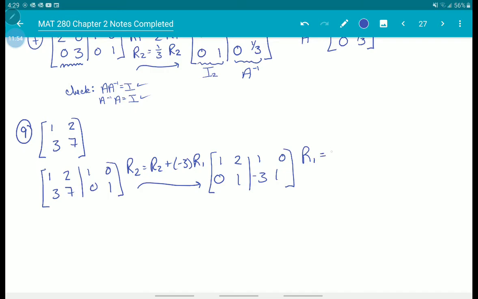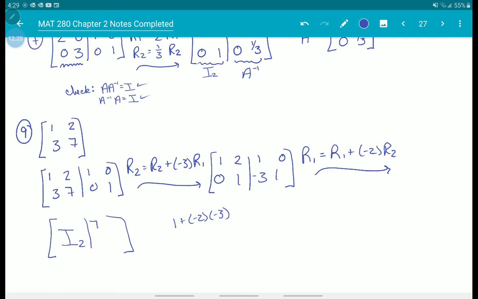And then row 1 will be row 1 plus -2 times row 2. So if we do that, we're going to have a 0 here. That's going to give us the identity, so I'm going to use a shortcut there. And then it's going to be 1 plus -2 times -3. 0 plus -2 times 1.